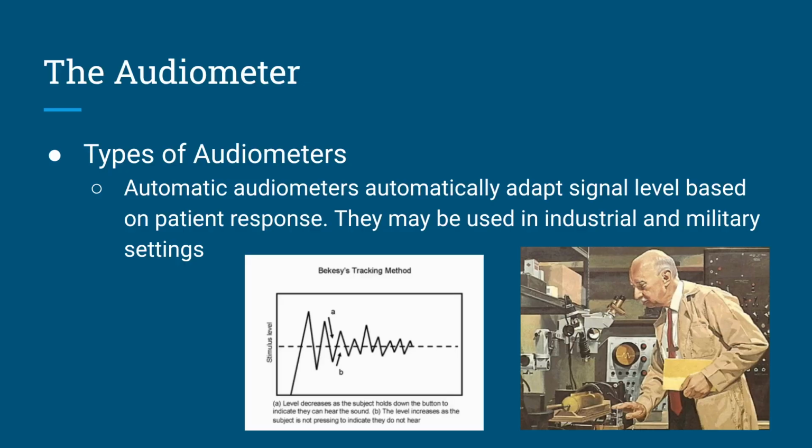And then you would see the tone on a tracing, like on the lower left corner here. The tracing would decrease in intensity when you hold down the button, indicating the patient can hear the tone. And then when you release the button again, because you no longer hear the tone, it increases in the tracing.